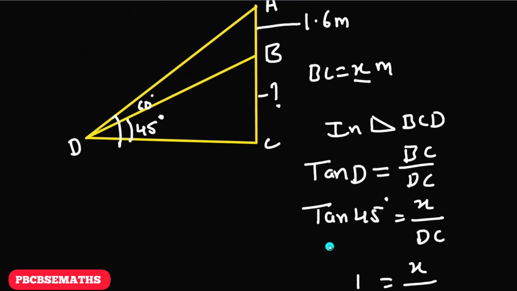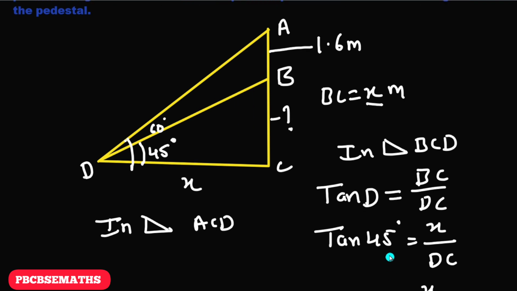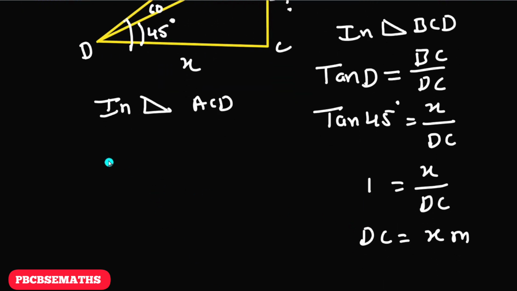Now we have the value of DC in this given problem. With the help of this, let's try to find the value of AC. Then we will subtract the value of AB from the length of AC to find the length of BC, which is the height of the pedestal. So in right angle triangle ACD, we can write tan D is equal to AC by DC.